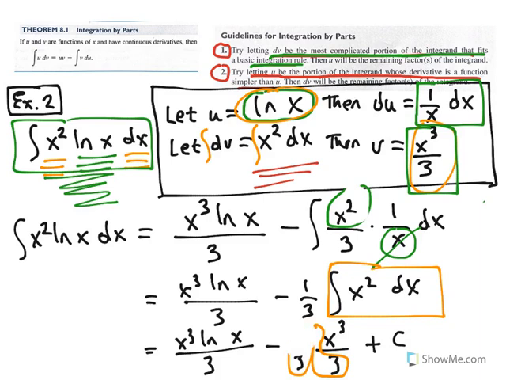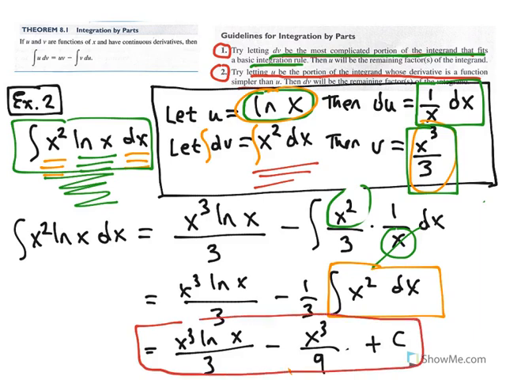So we can do that. That's one way you can simplify. So you have x cubed over 9. Another possibility is you could have factored out 1/3 from both of these terms that you have here as well. So either way is fine, but this is our antiderivative, and you have the constant of integration there.